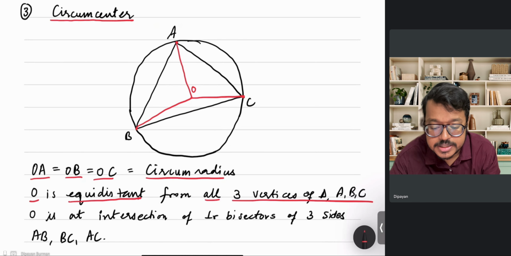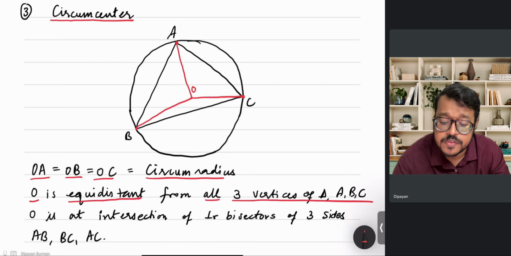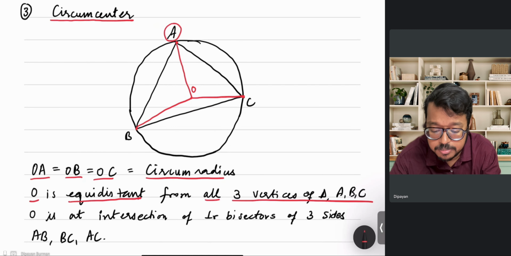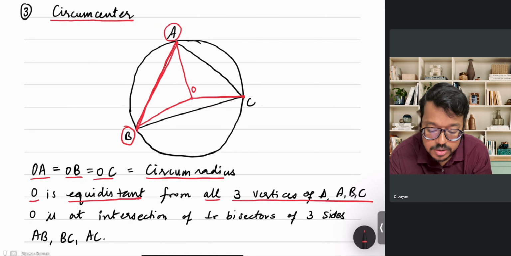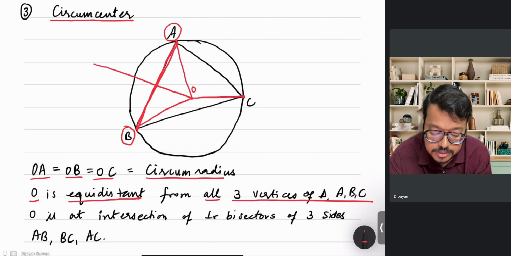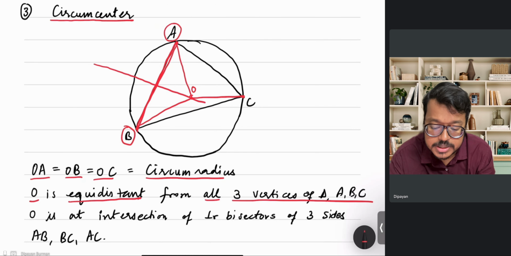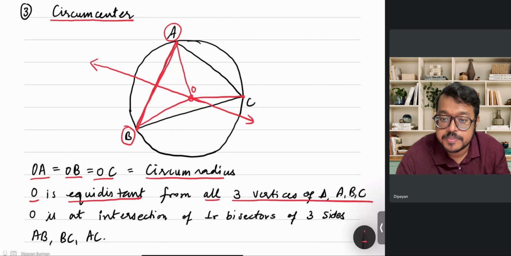For example, let's look at the circumcenter O being equidistant from fixed points A and B. Then that point, the circumcenter, must be on the perpendicular bisector of AB. So if I look at the line segment AB and draw the perpendicular bisector, then this circumcenter will be a point on that perpendicular bisector.